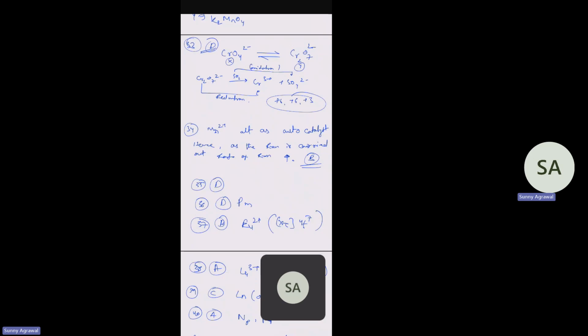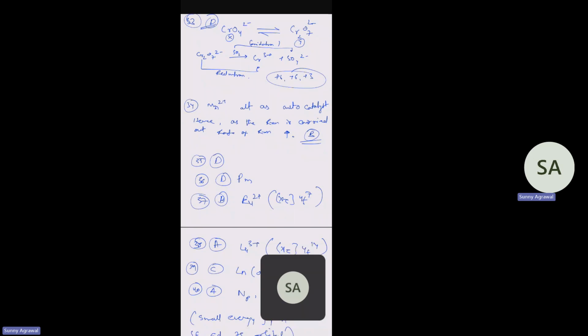A redox reaction will happen here, and it will get reduced to Mn plus 2, where Mn plus 2 will act as a self catalyst, an auto catalyst, and increase the rate of the reaction. So option B will be the correct answer.